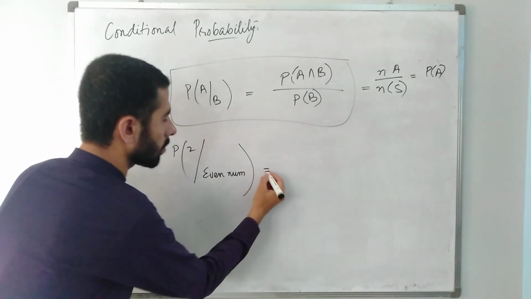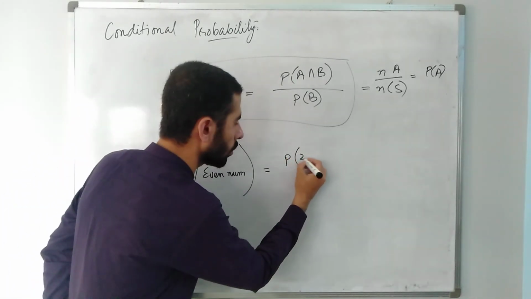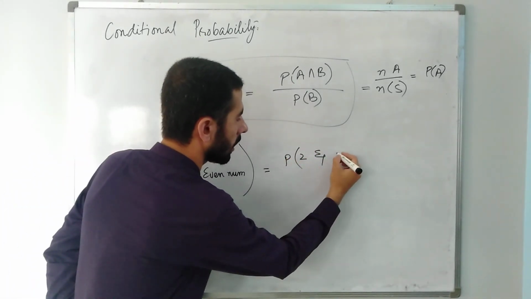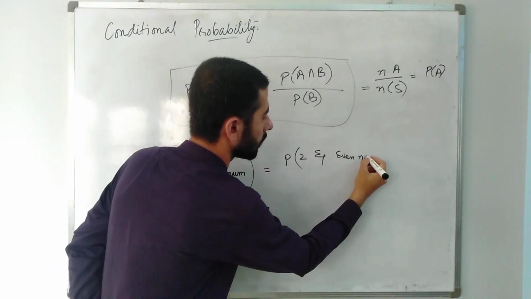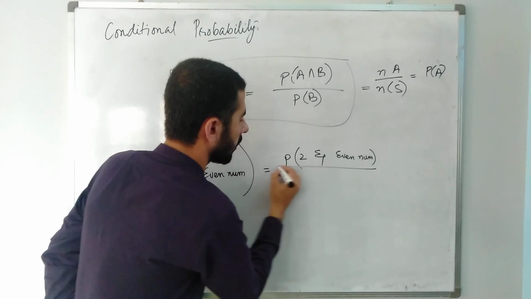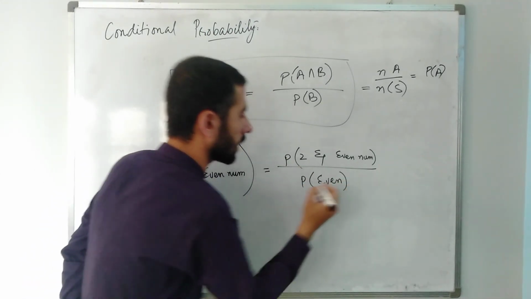So the chance must be the probability of getting 2 and an even number, divided by the probability of getting an even number on the face of the die.